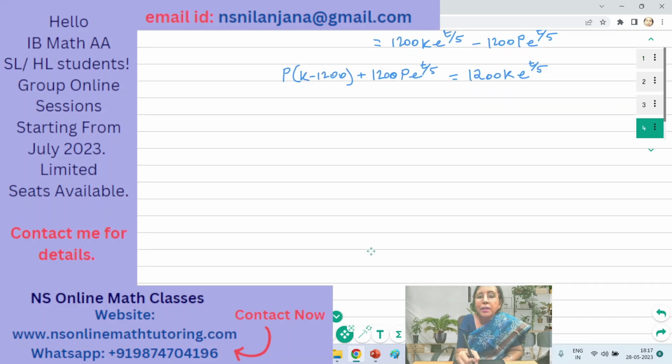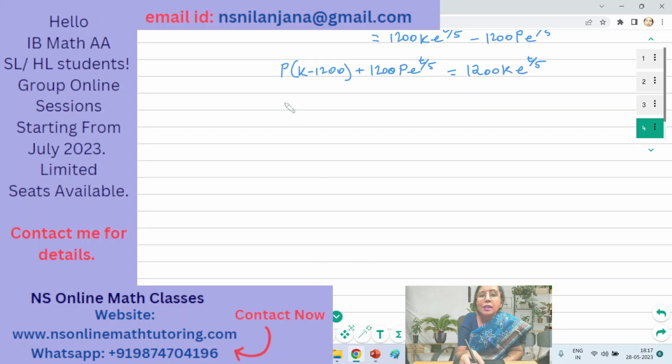And now I will be taking P as the common factor, and it becomes P times K minus 1200 plus 1200 e to the power of t over 5 equal to 1200 K e to the power of t over 5.